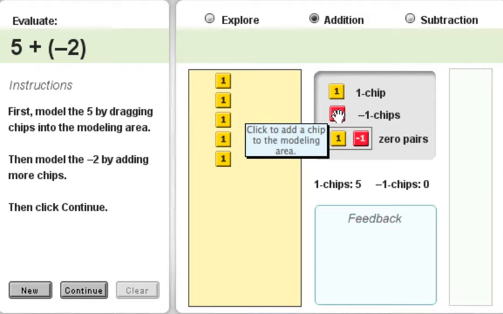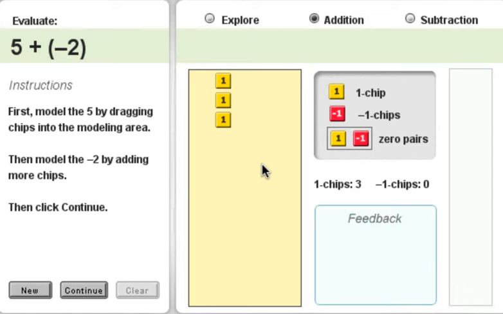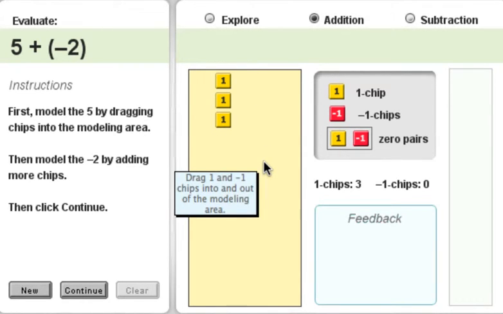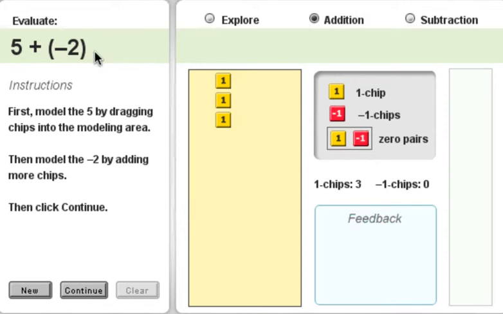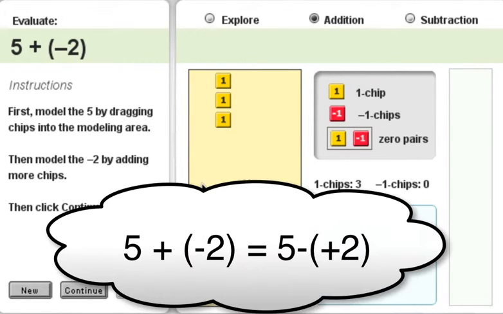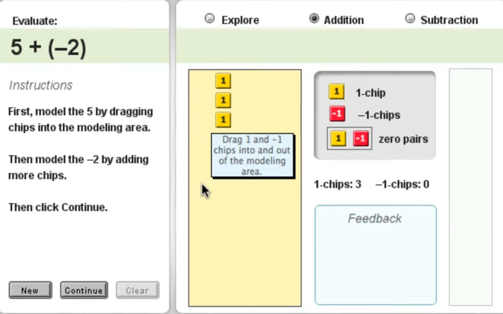Does that also equal 3? So 5 subtracting 2 positives gives you 3 as well. So subtracting 2 positives is the same as adding 2 negatives. Consider the rules and consider the possibilities here.